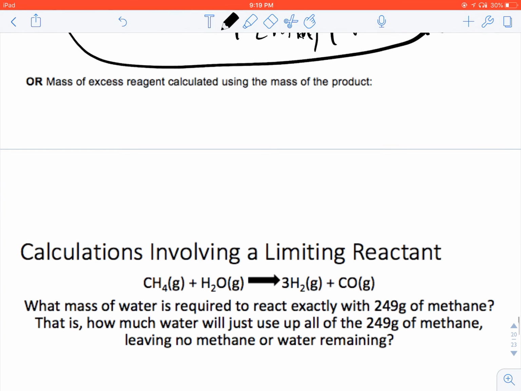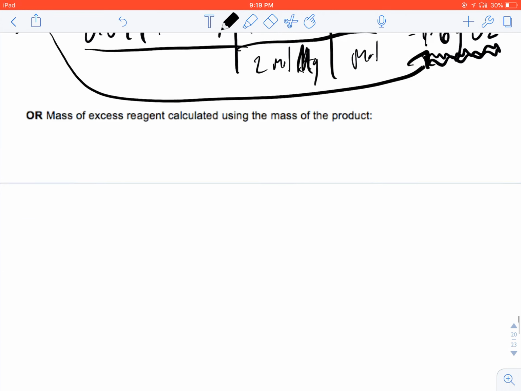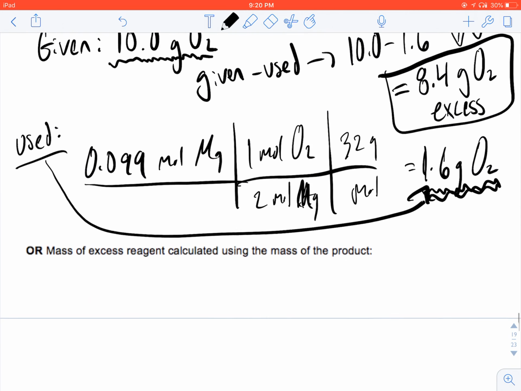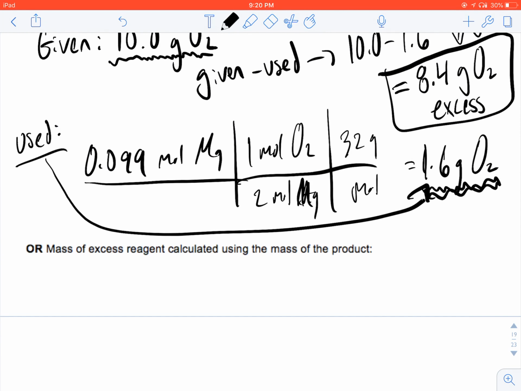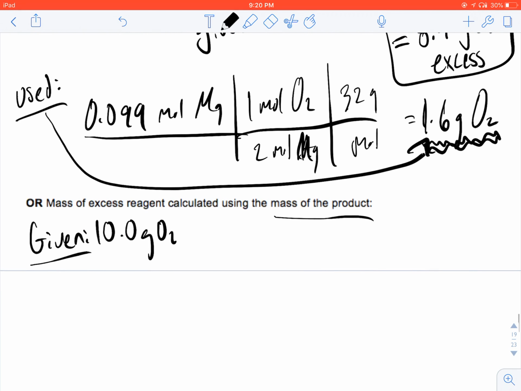Another way to do this is to use the mass of the product to calculate the mass of the excess reactant used. So, still the same thing. We're given 10.0 grams of O2. So really all this is just two different ways to calculate how much we used.